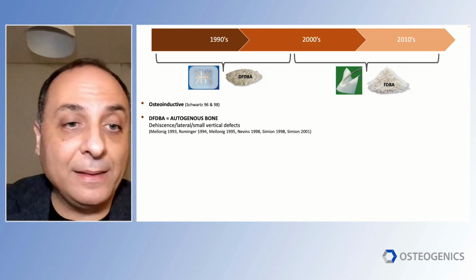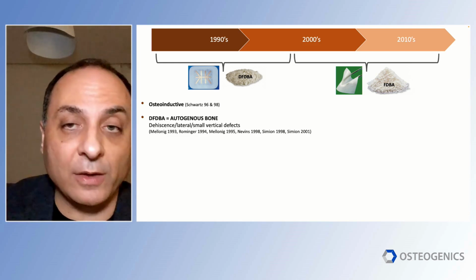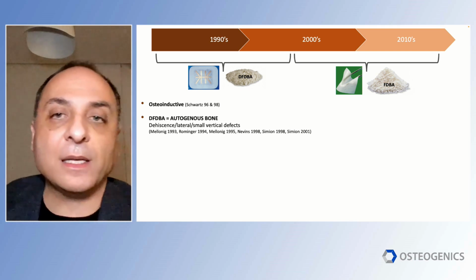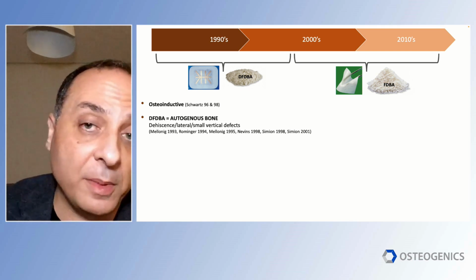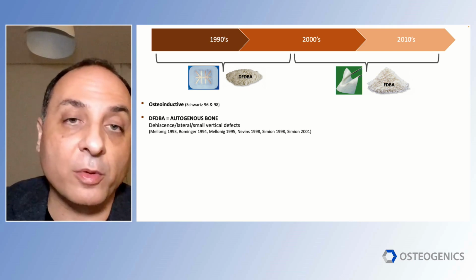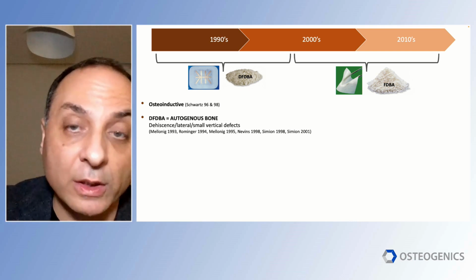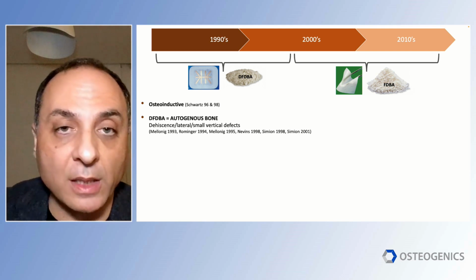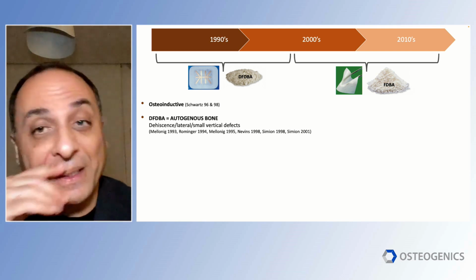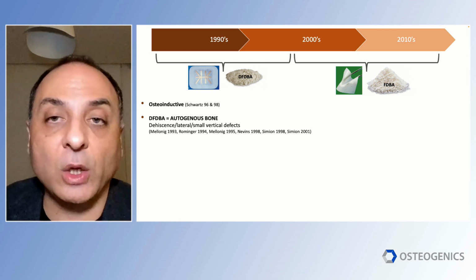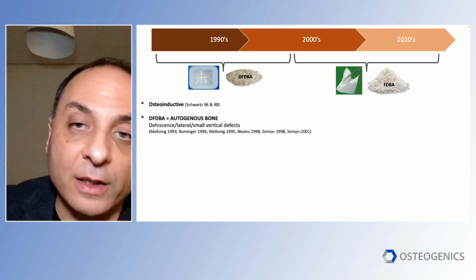So the DFDBA is osteoinductive. This is the reason we like DFDBA, especially when it comes from a provider that tests its product for osteoinductivity, like Osteogenics does with the Anchor, for example. That's why I like the Anchor. They test every single lot for osteoinductivity.